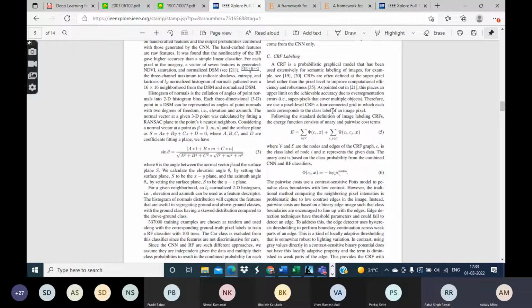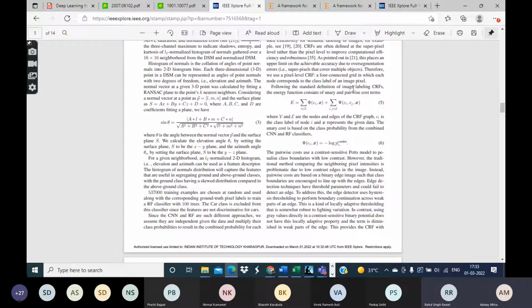Okay, so what the CRF will do is it will take the probability distributions for every pixel. It will also take in the image features of every pixel, the feature representation, as well as the graph structure. That is, a four-connected grid in which every node corresponds to the class label of an image pixel.